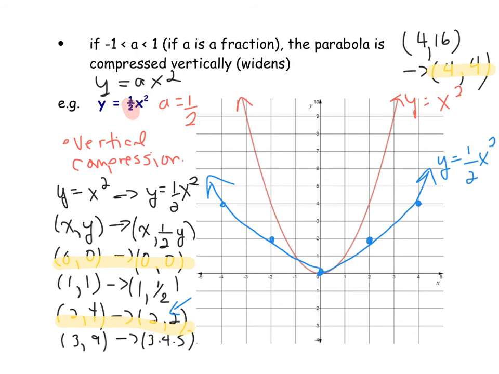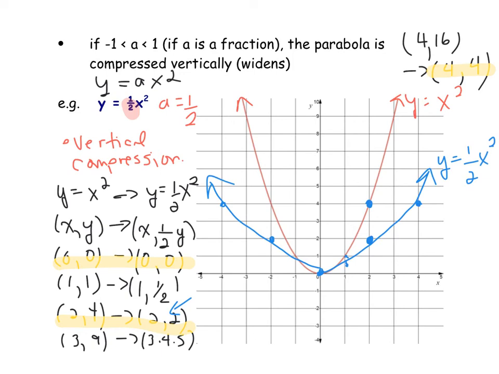Again, what I could have done instead was say, well, I know when I compress this by a factor of a half, all of my y coordinates become half as tall as they were. So I could have just as easily said, okay, this point right here gets to be half as tall, and so on and so forth. But the numbers aren't always easy to work with, so that's simply one strategy that you can use.